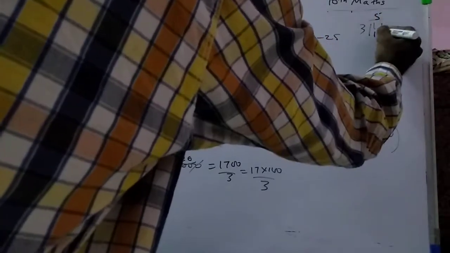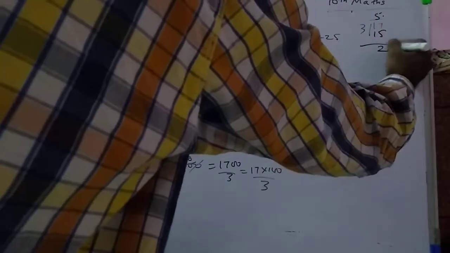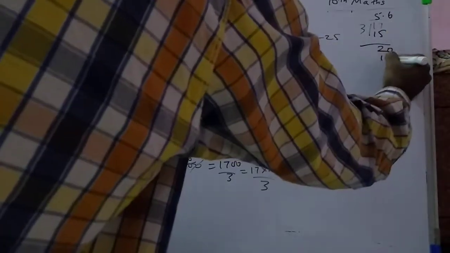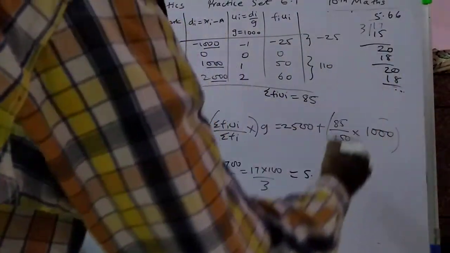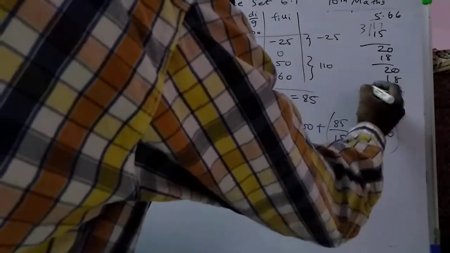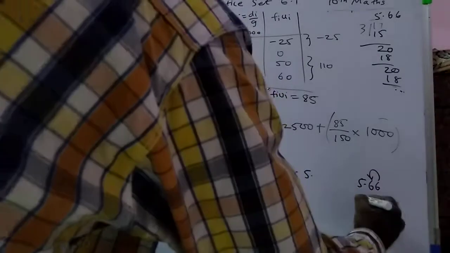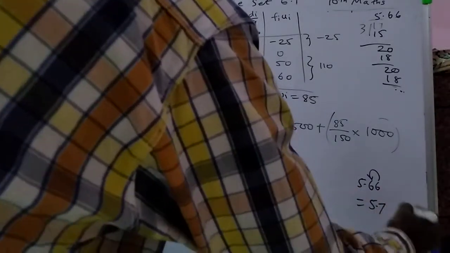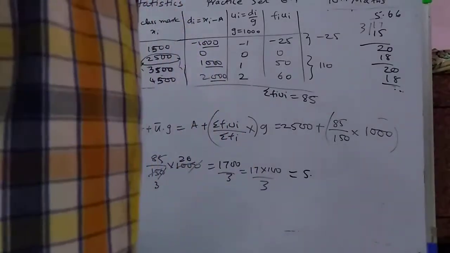So 5 there, 15. Okay. That is rounded. So 5.66 rounded. That will become 5.7. Okay. So that to write it here, 5.7.